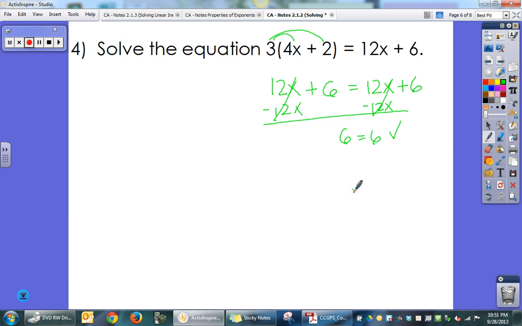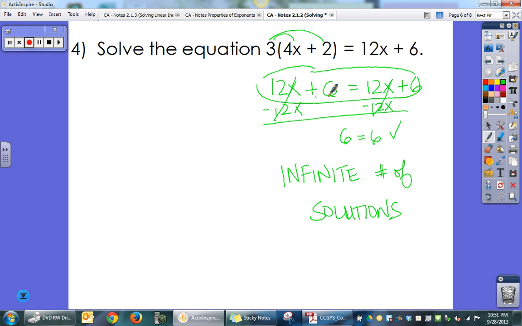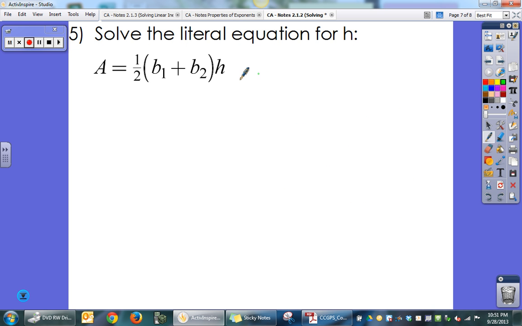So in this case, I would have an infinite number of solutions. If we go back to this step, since the left-hand side is equal to the right-hand side, no matter what value I plug in for x, it's going to stay equivalent on both sides.